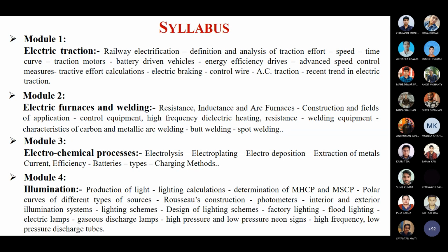That is production of light, lighting calculations, determination of MHCP, MSCP, polar curves of different types of sources, then Rousseau's construction, photometers, interior and exterior illumination system, lighting scheme, design of lighting scheme, factory lighting, flood lighting, electric lamps, gaseous discharge lamp, high pressure and low pressure neon sign, high frequency, low pressure discharge tube.